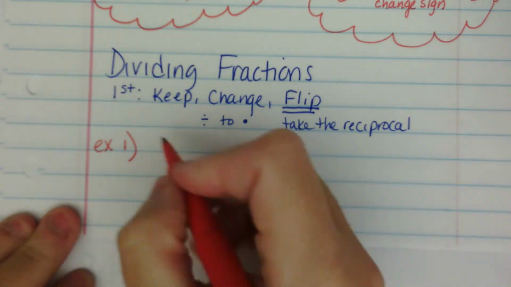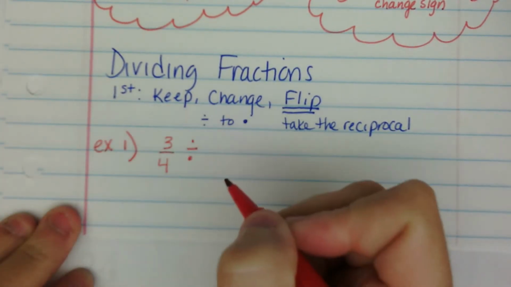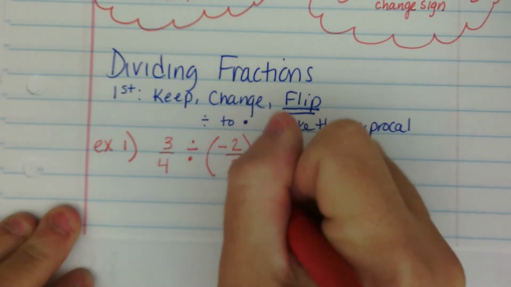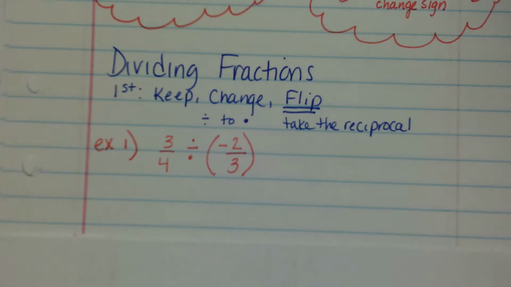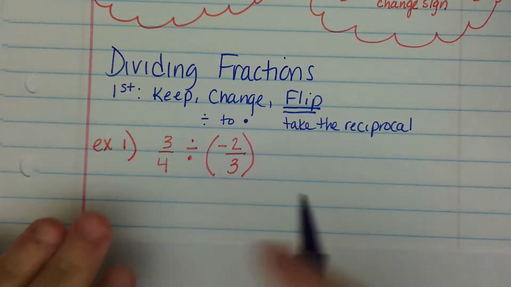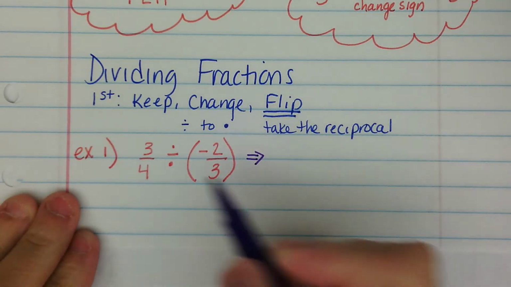And our question is 3/4 divide sign -2/3. Now, before you get all excited, though, you have to keep change flip before you start reducing. You have to keep change flip. So we are going to take this one right here, and we are going to transform it into a multiplication.